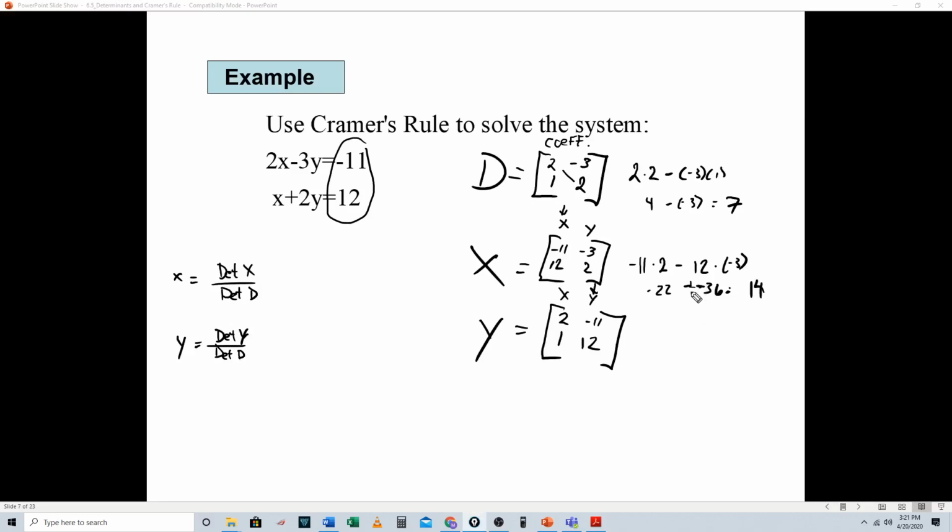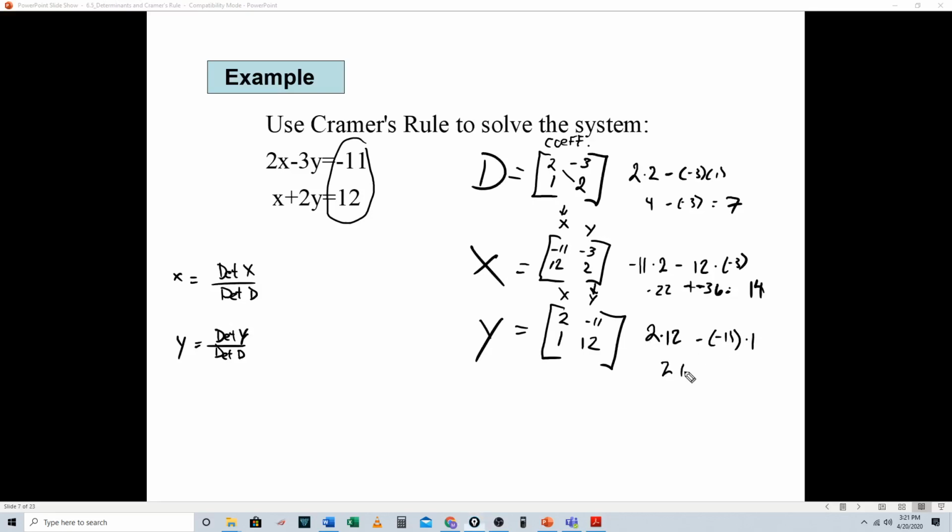Two negatives become positive. And then we have 2 times 12 minus negative 11 times 1.